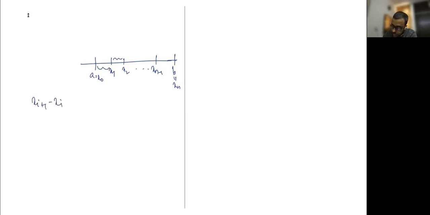So these are all positive, right? For i equal to 1 to n minus 1. So we look at the minimum of these distances.